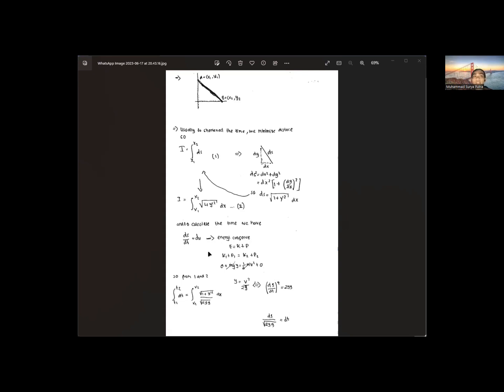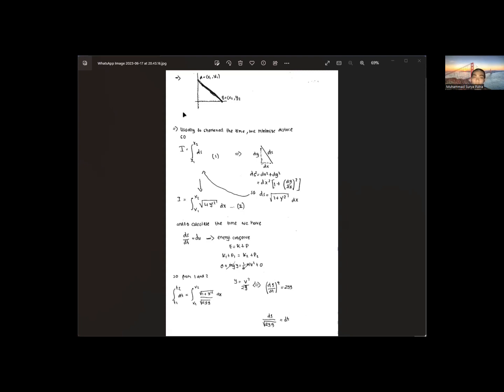We have the first position, A, and the last position, B. At A, the kinetic energy is zero because the initial velocity is zero, and the potential energy is at its highest because the object is at the peak.